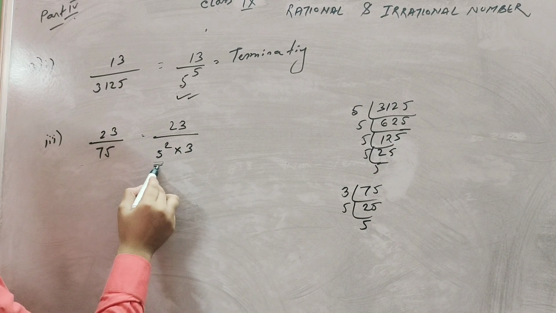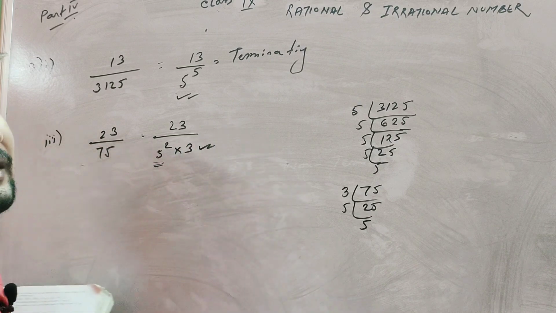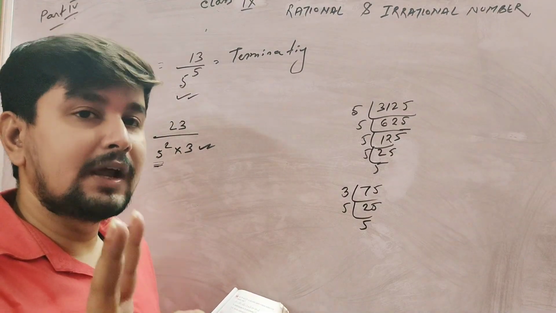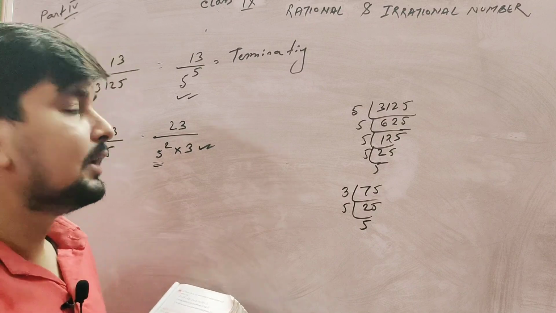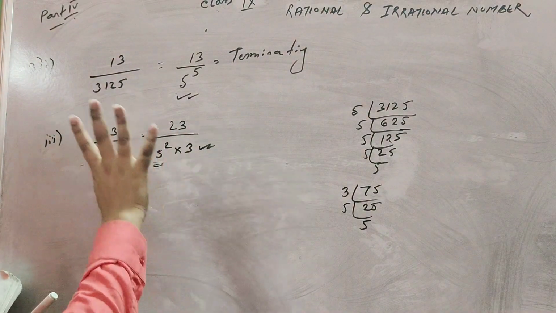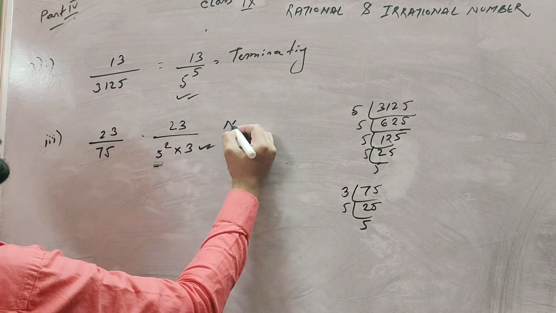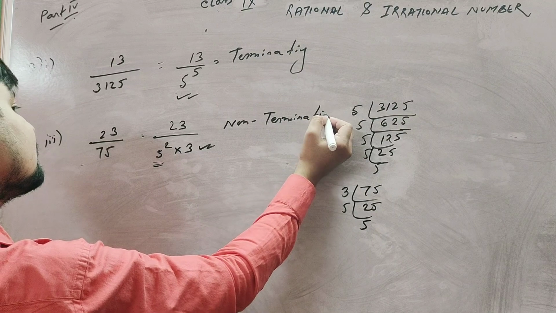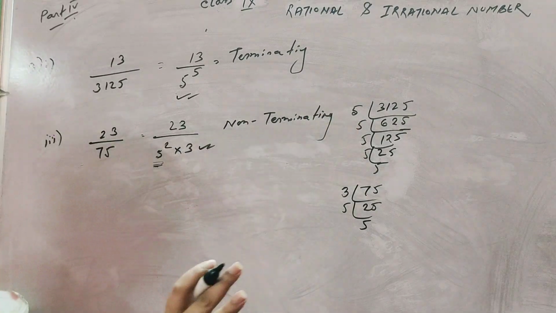The factor 5 comes, but 3 also comes. And we know that if it is terminating, the denominator factor is only 2 or 5 or both. But here is an extra factor, that is 3. So this is non-terminating. Okay. Clear?